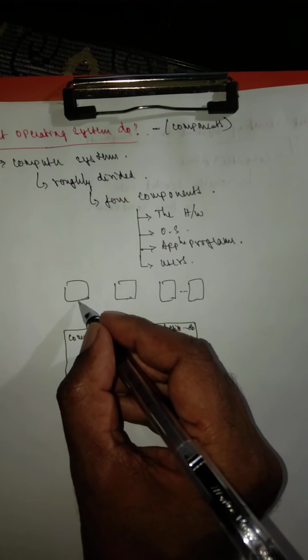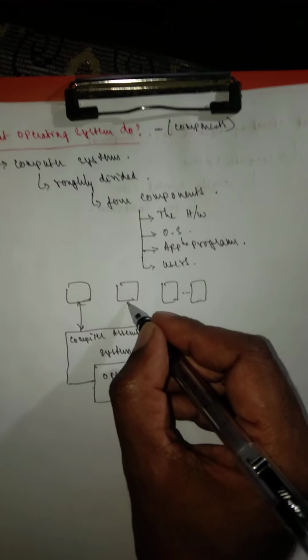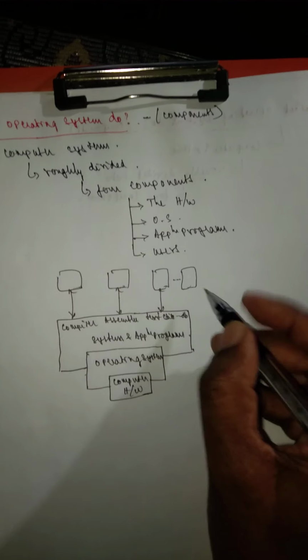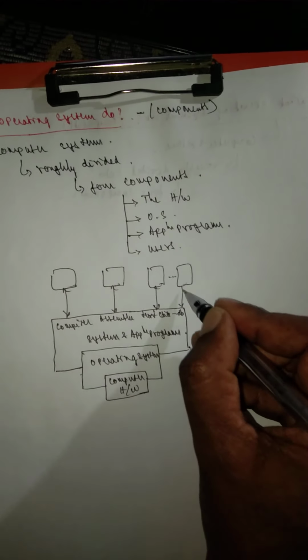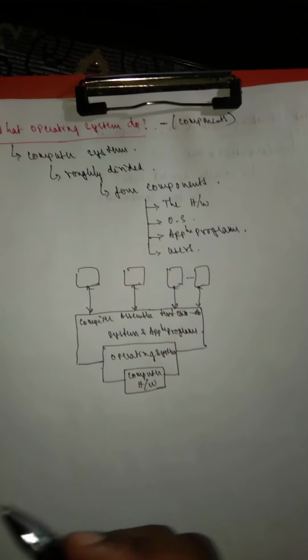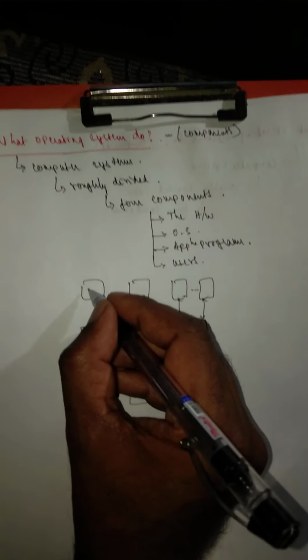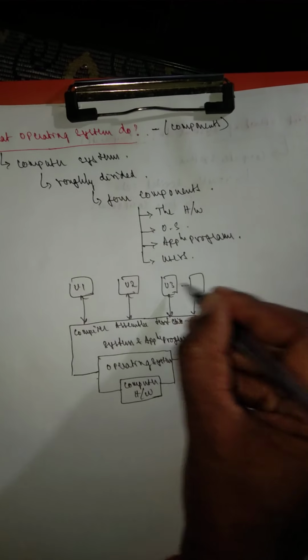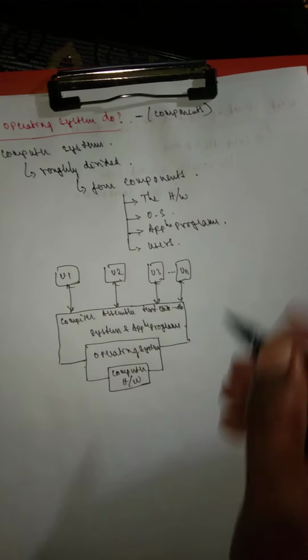So they'll be interacting with the system programs as well as the application programs, in turn with the operating system, and then in turn with respect to the computer hardware. This is called as user 1, user 2, user 3, and user n.